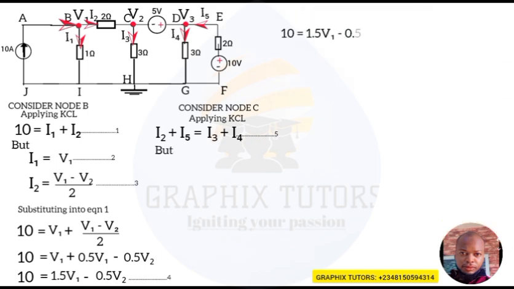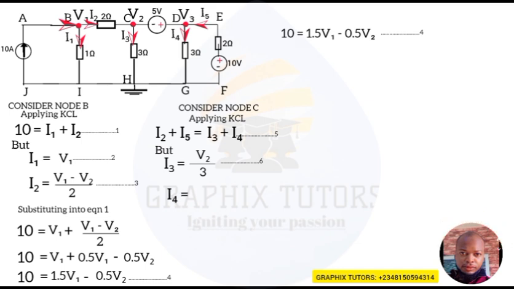But I3 is equal to the voltage from where I3 is coming from, which is V2, minus the voltage to where I3 is going to, which is 0, because the voltage there is 0. That is the reference. So V2 minus 0 is still V2 over the resistance in between them, which is 3. So V2 all over 3, I'll term that my equation 6.